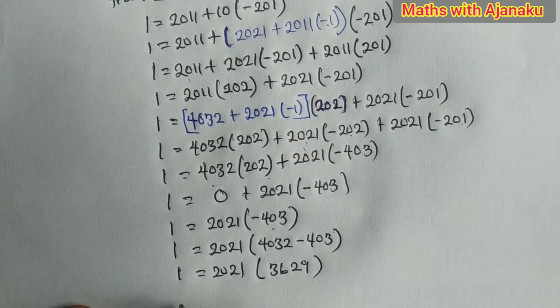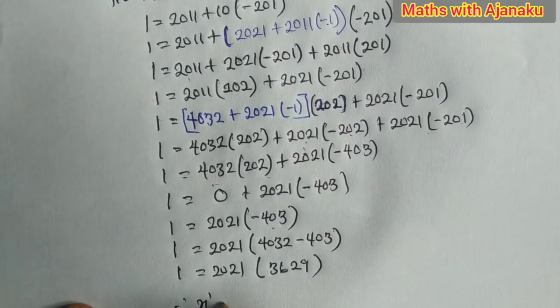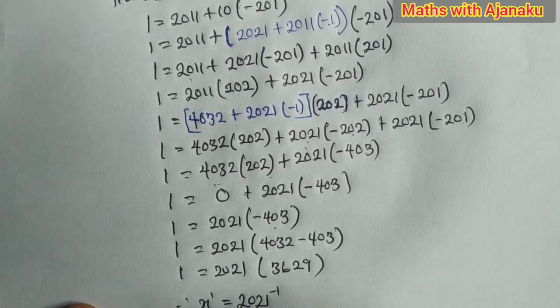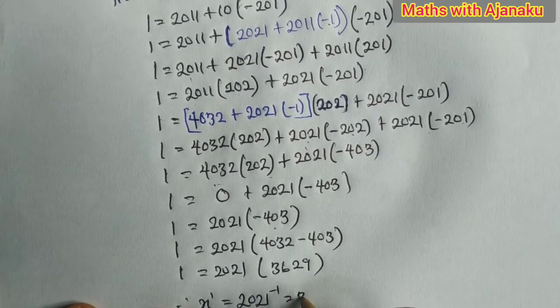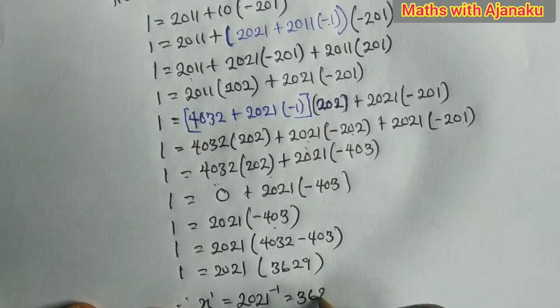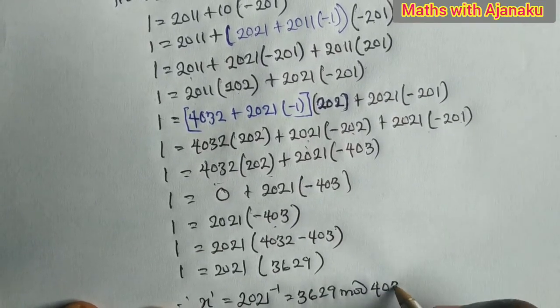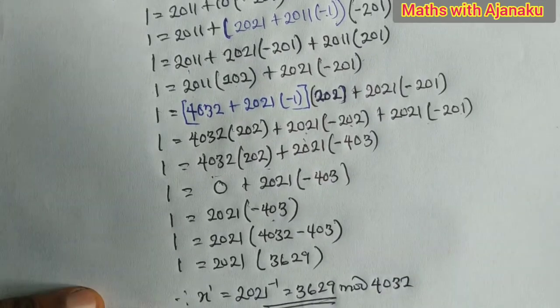Therefore, x prime, which is equal to the inverse of 2021, is equal to 3629 modulo 4032.